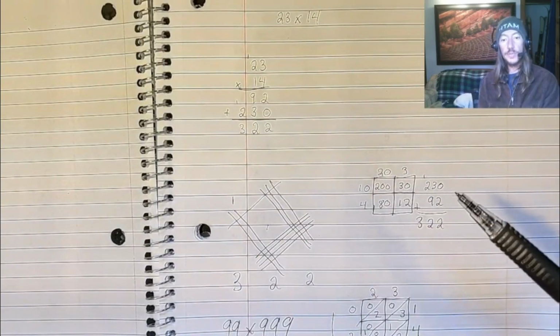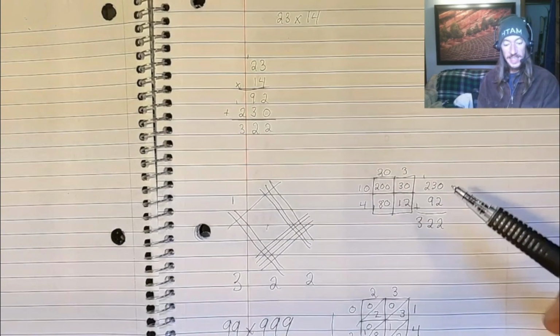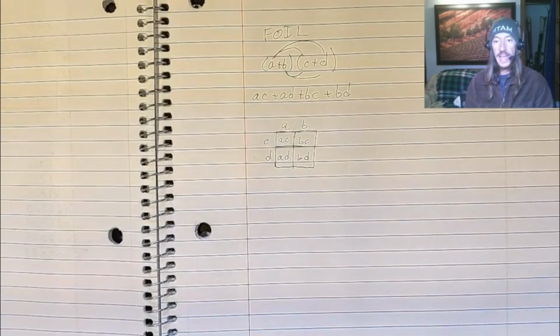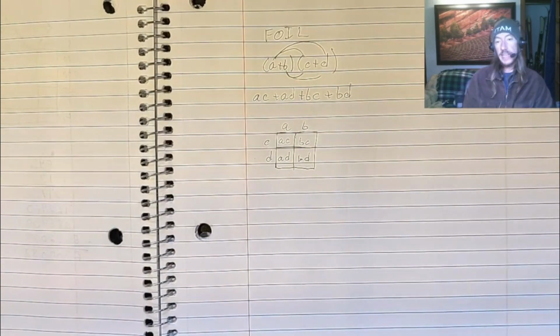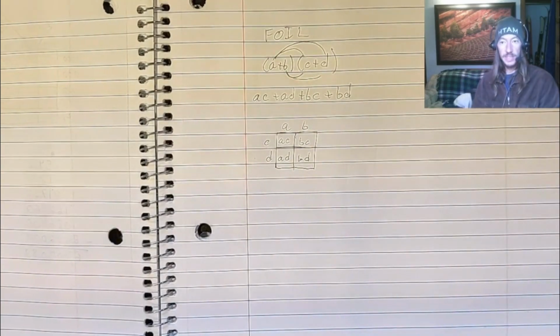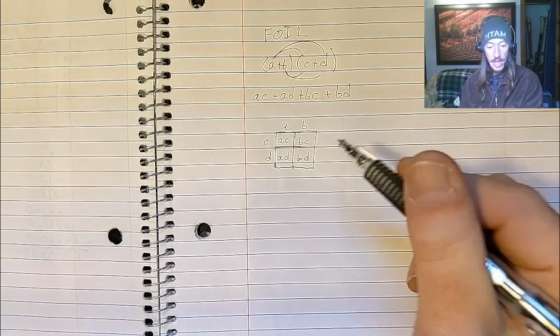And I think this is the reason why they started teaching this grid method in the first place, is that once you get used to doing this, this becomes very natural. And FOIL, this becomes a big deal in algebra and later on, the ability to do this. This is just the most generalized version of it.